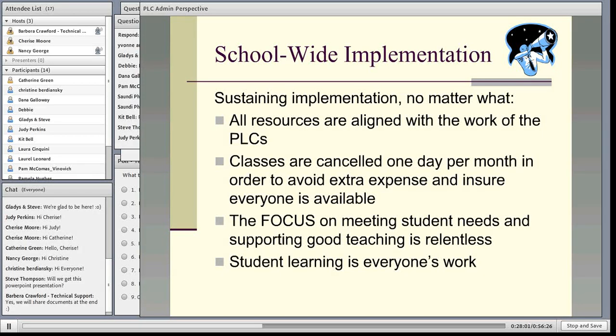Another piece, and this is probably where a lot of important work came in, was really looking at how to sustain that implementation no matter what. I'm sure many of you are in the same boat that I'm in, with school budgets being slashed and burned, and we have actually suffered about a 70% reduction in our budget at my school.